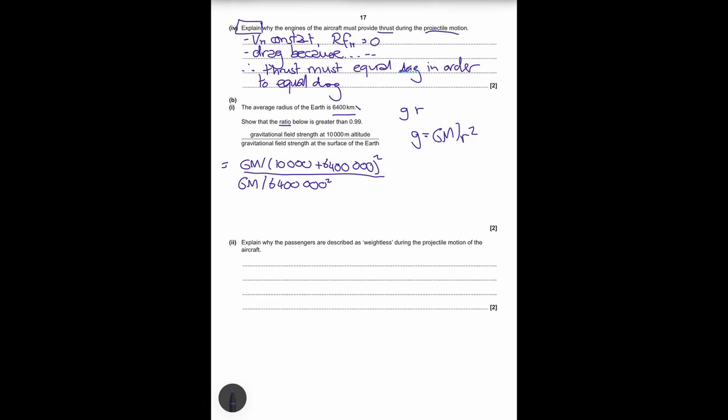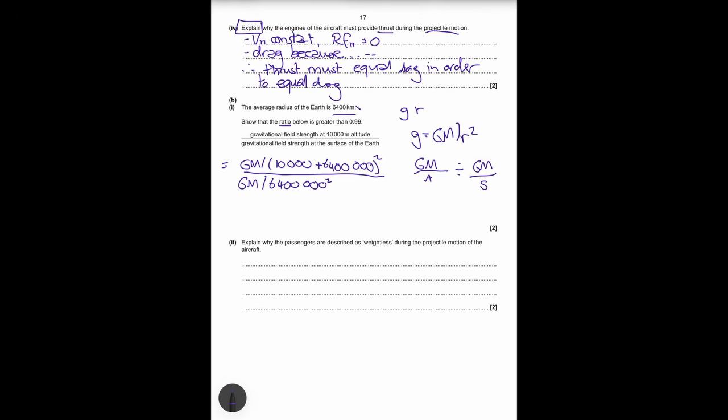Now I've got fractions of fractions here, so I just need to make sure that I'm simplifying this. So I will write it the other way actually. Obviously, if you're more confident with math, you can just skip forward through this bit. But if you write it as the other kind of fraction, I'm just going to put GM over A, for altitude there, and that's divided by GM over surface.